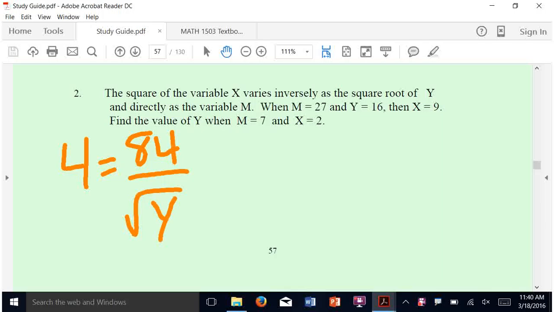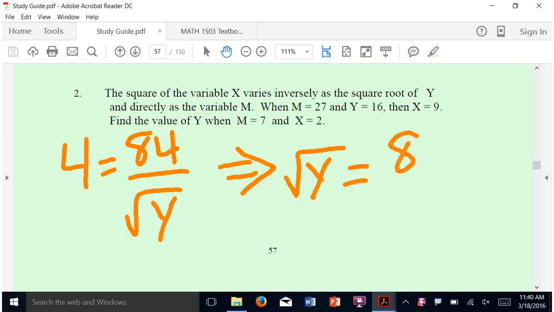Then we'll multiply both sides by the square root of y, and also divide by 4. So we get 84 divided by 4. 80 goes into 4, 20 times, so 84 must go into 4, 21 times.